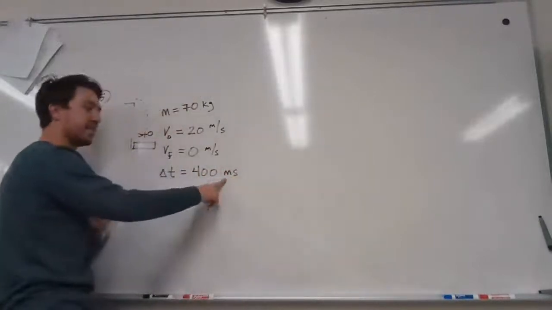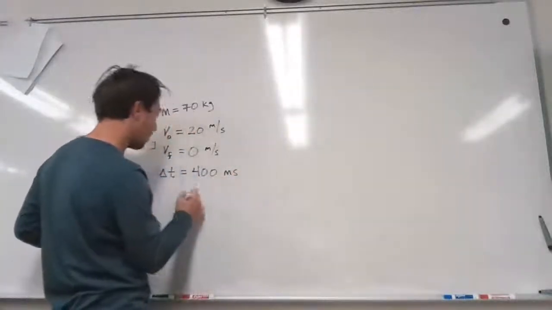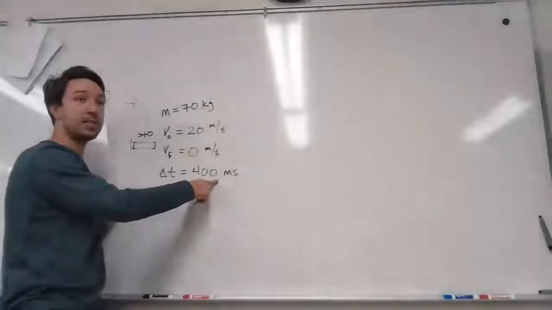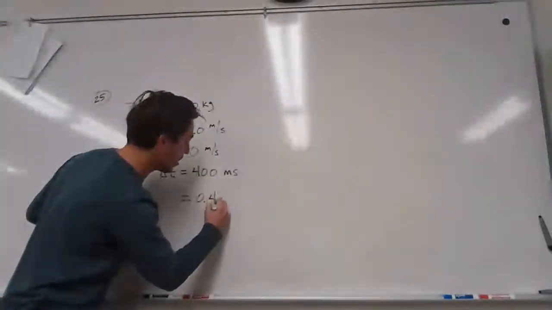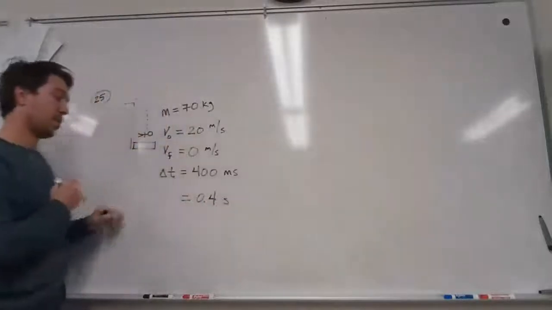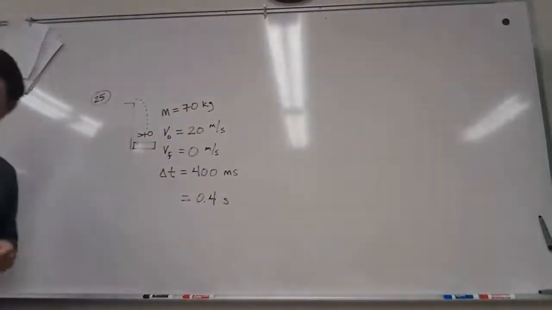What does that little m mean? Milliseconds. So this would be 400 thousandths of a second. So divide by 1,000. It's 0.4 seconds. So are we all okay with that?